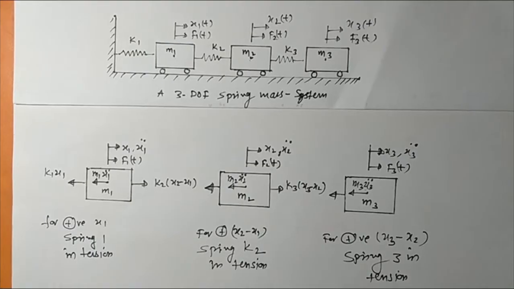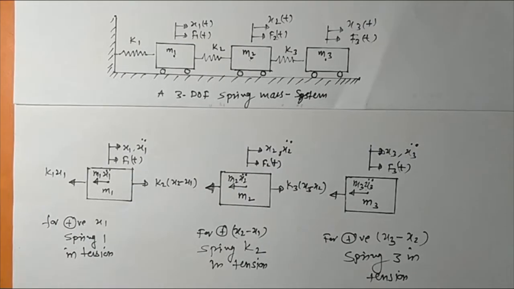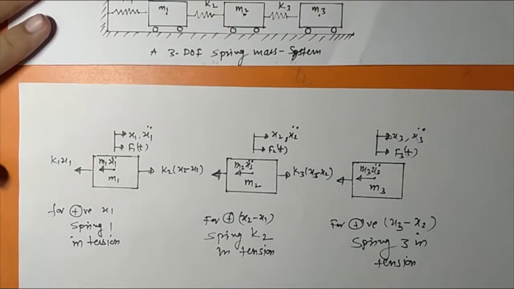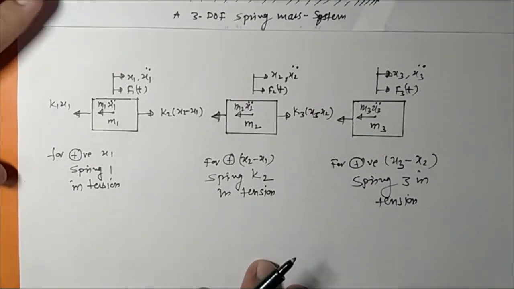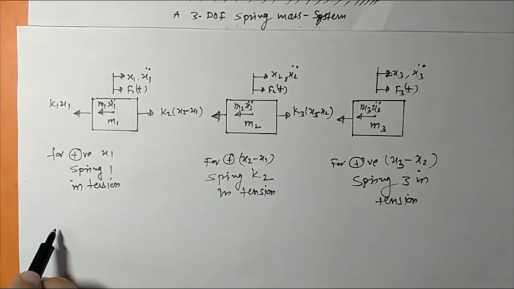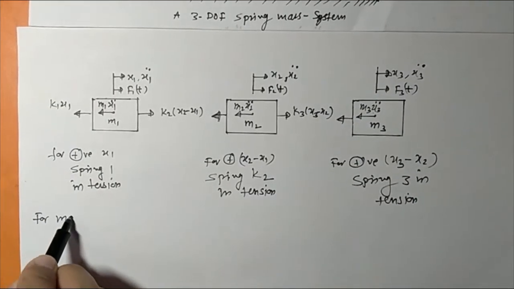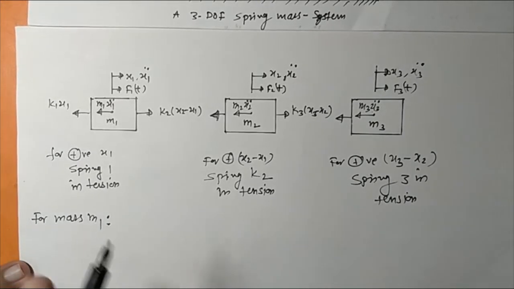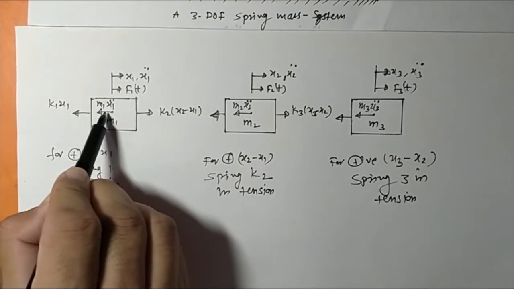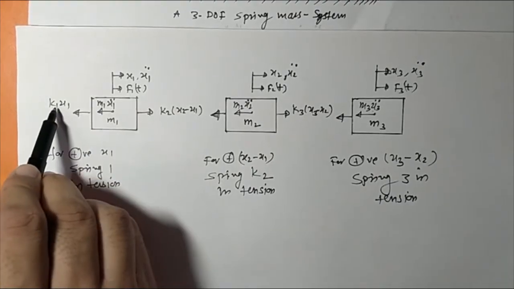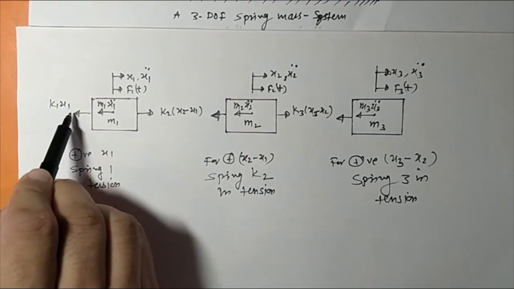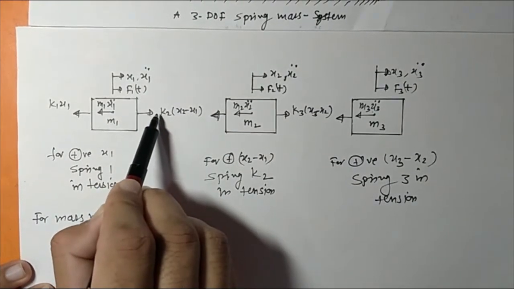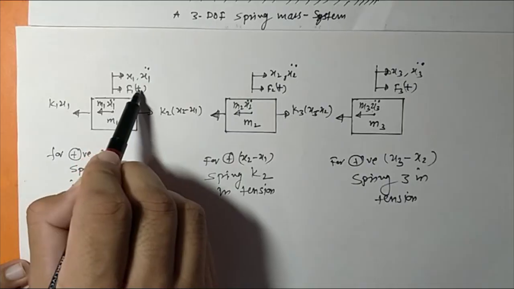So now to develop the governing equation, we'll apply Newton's second law, or we can say the force equilibrium approach. First of all, we'll apply the force equilibrium approach on mass m1. So for mass m1, there is the m1 x1 double dot force in this direction, and one force k1 x1 in the same direction, and another force k2(x2 minus x1) in the rightward direction, which is in the direction of F1(t).